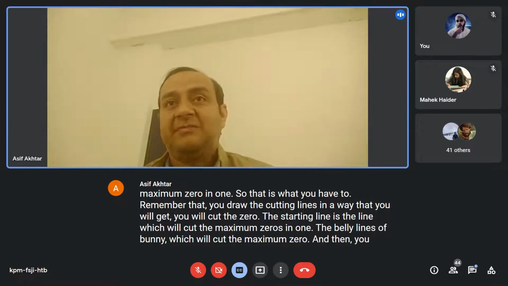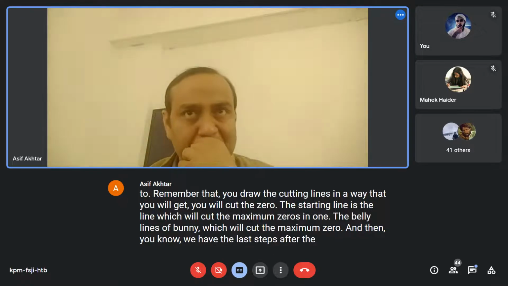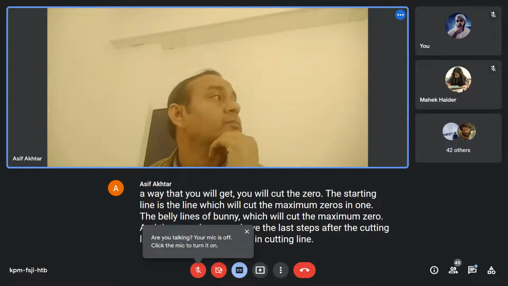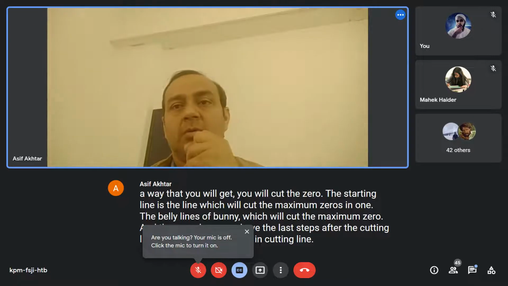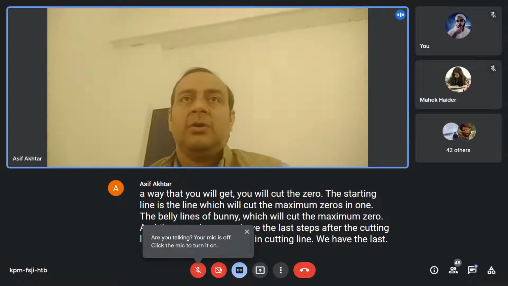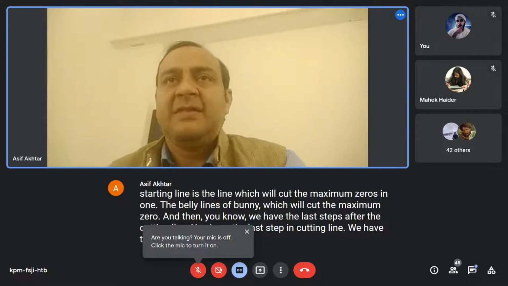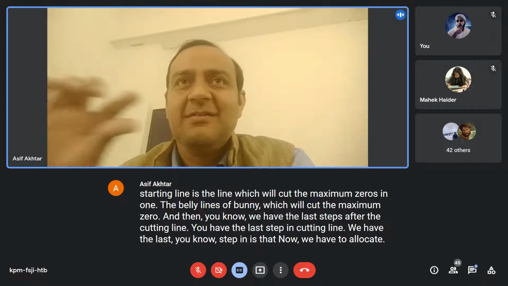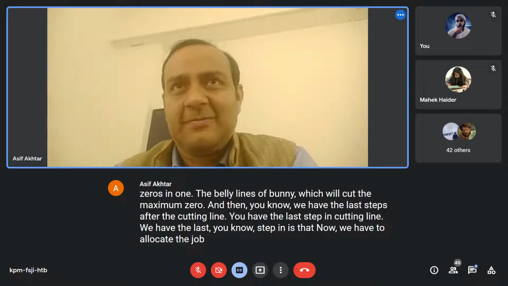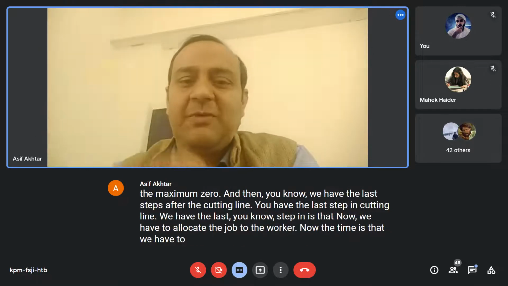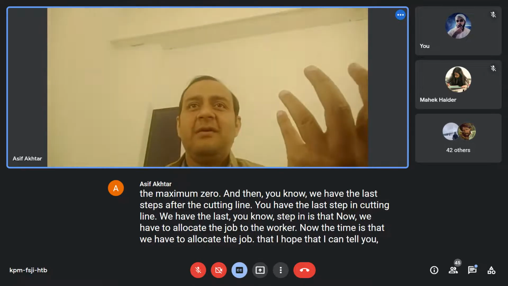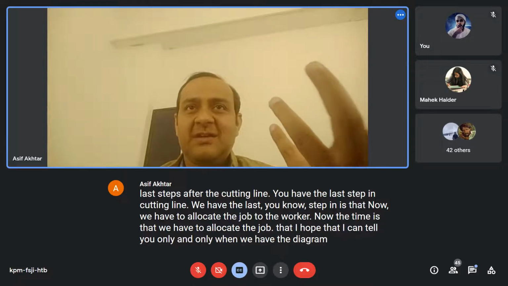And then we have the last step after the cutting lines: now we have to allocate the job to the worker. I can tell you that only when we have the diagram in front of us.